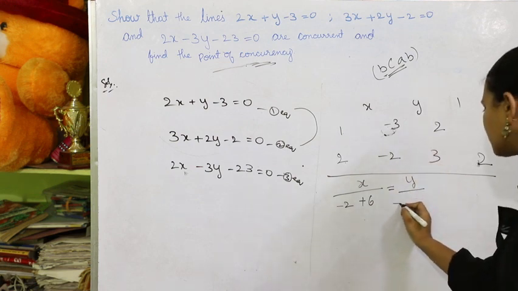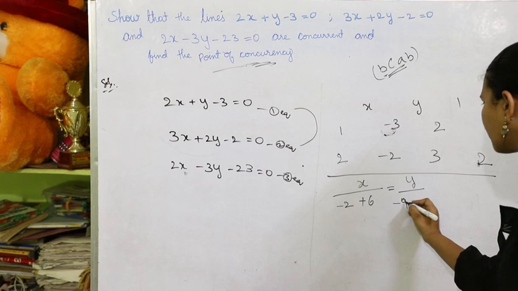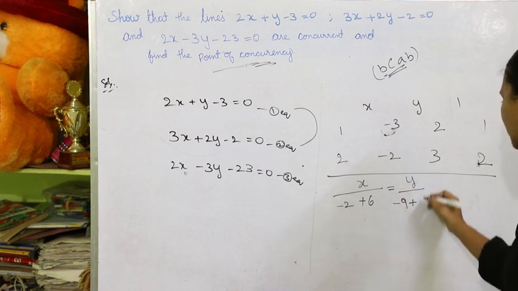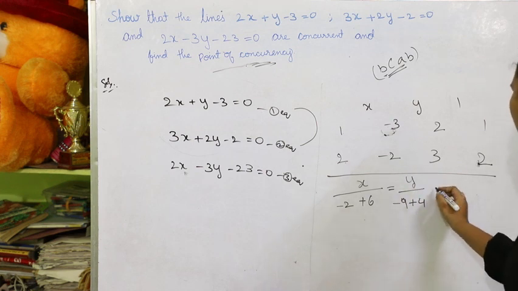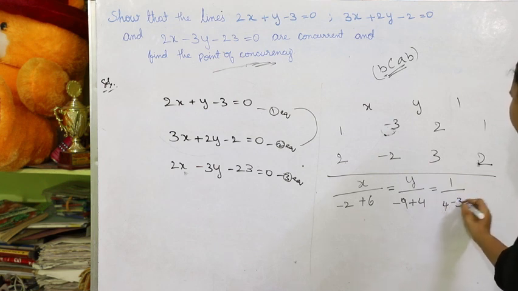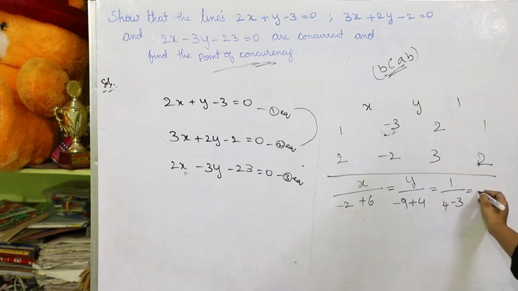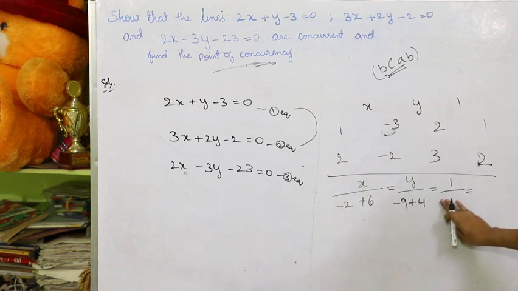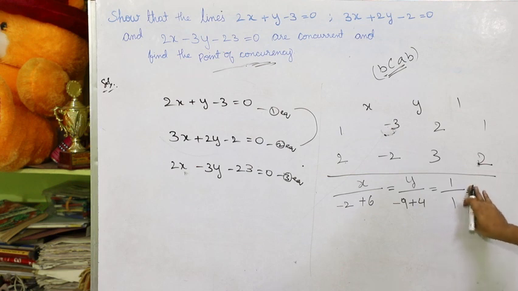So 3 into minus 3 is minus 9, and minus into minus is plus, so plus 4. This equals 1 by 2 into 4 minus 3, that is 4 minus 3 equals 1, so this becomes 1 by 1.